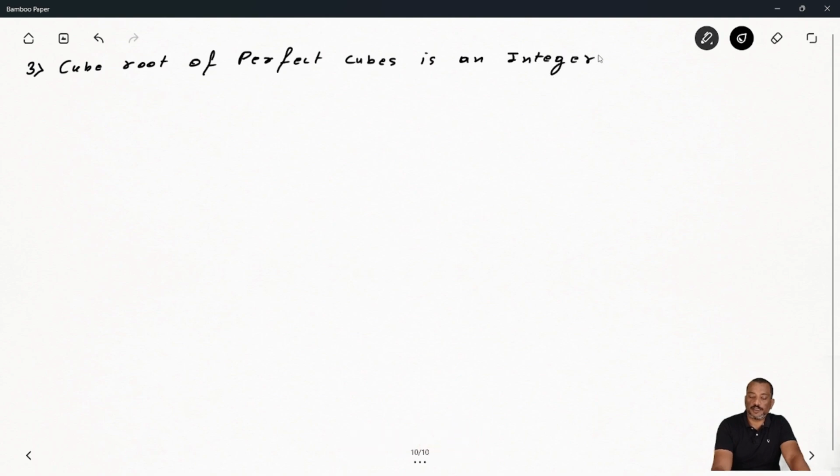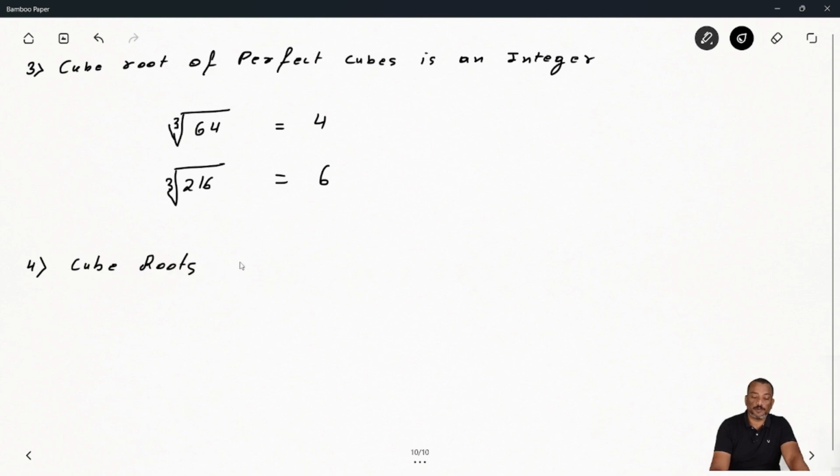If I say cube root of 64, it will be 4. Cube root of 216, you will get 6. So these are perfect cubes, and the cube root is an integer. In the same way, the fourth property says cube root exists for all real numbers.